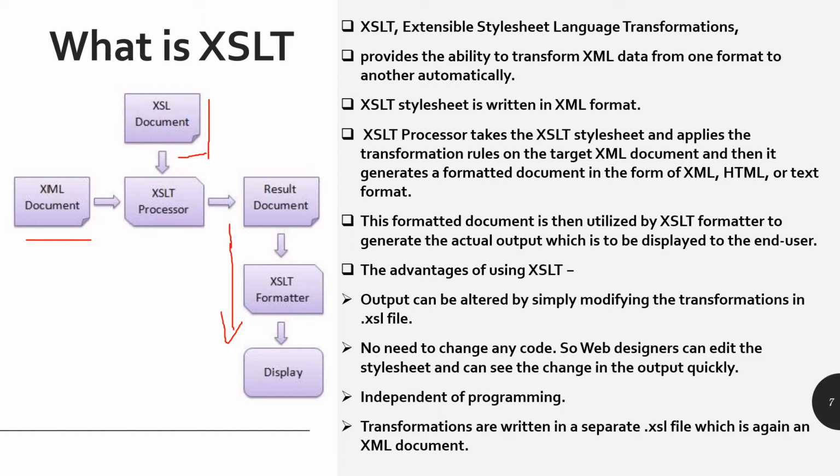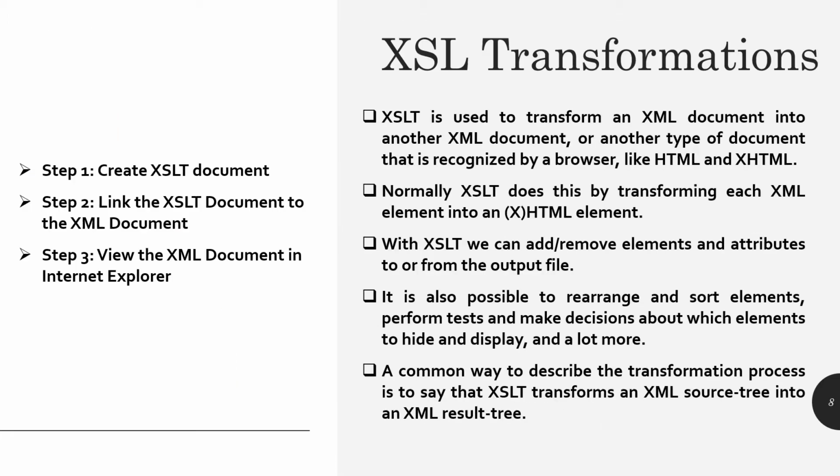The thing you should remember here is that we should have two files, the original document file and the style sheet file. Now we are going to discuss XSL transformations. XSL transformation is used to transform an XML document into another XML document or another type of document that is recognized by the browser, like HTML or XHTML.